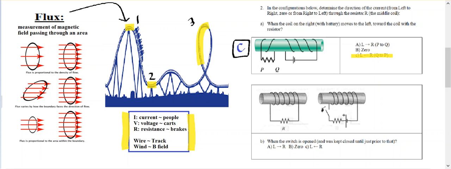So now that we know how flux works and how magnetic fields don't like the idea of flux, they don't like change. Although the switch was just opened, it still has a current running through it for quite some time, right? It doesn't just automatically lose its current. So in that instance, right when the switch is open, there is still a current, meaning there is still a magnetic field.